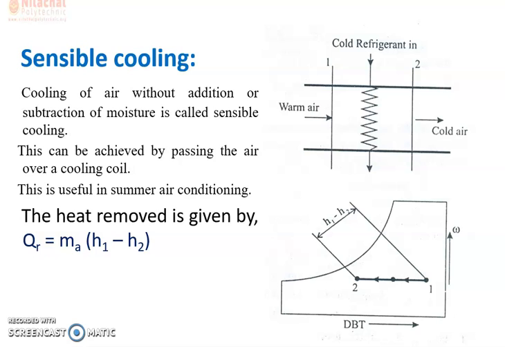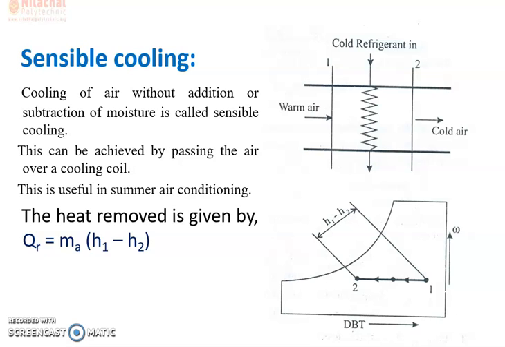Let's know the process. Let the air at temperature TD1, that is the warm air, pass over the cooling coil at temperature TD3. It is noted that the temperature of the air leaving the cooling coil, TD2, will be more than TD3.